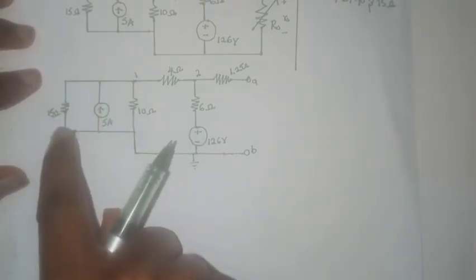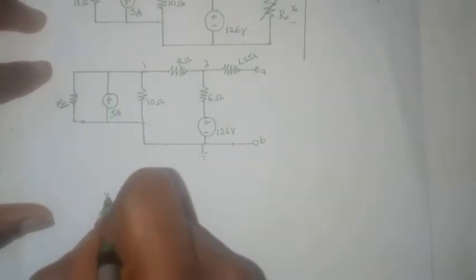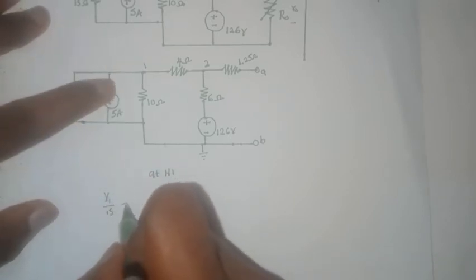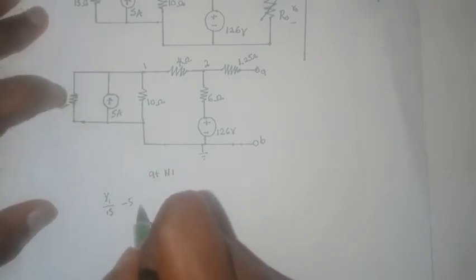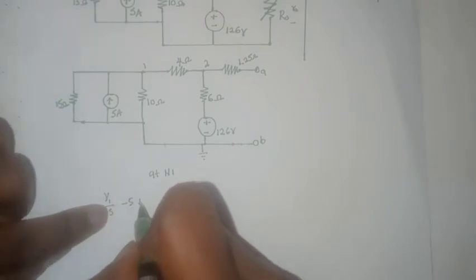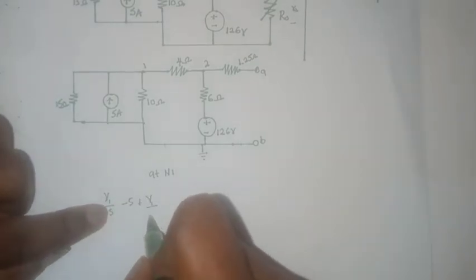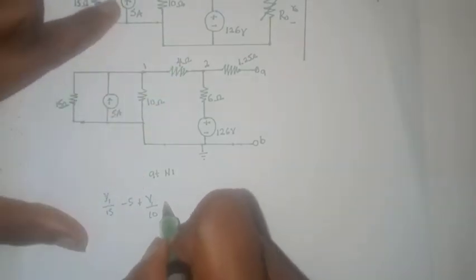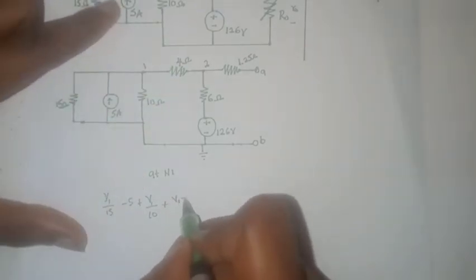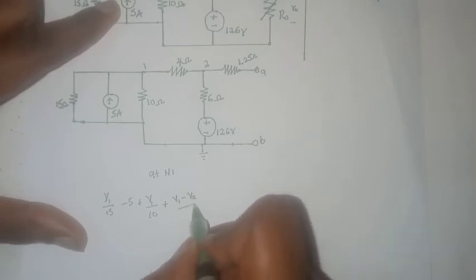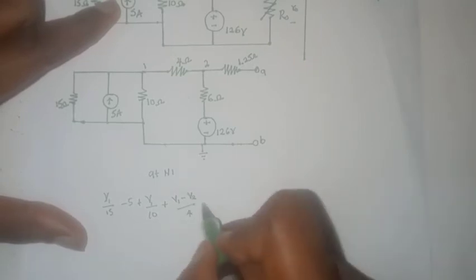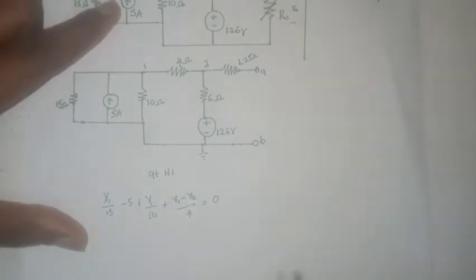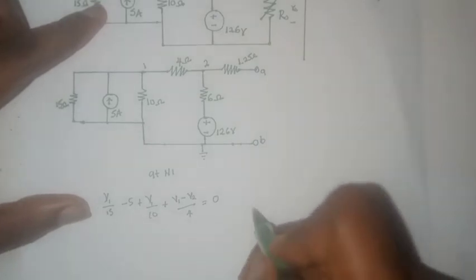We have V1 divided by 15 minus 5 amperes plus V1 divided by 10 plus V1 minus V2 divided by 4 equals 0. That is the KCL equation at node 1.